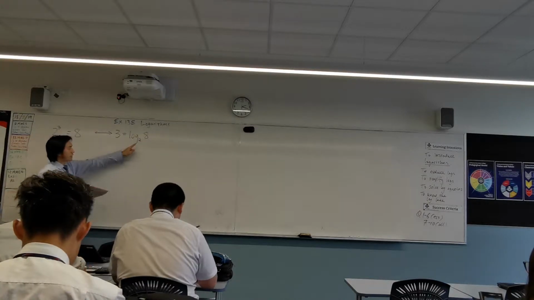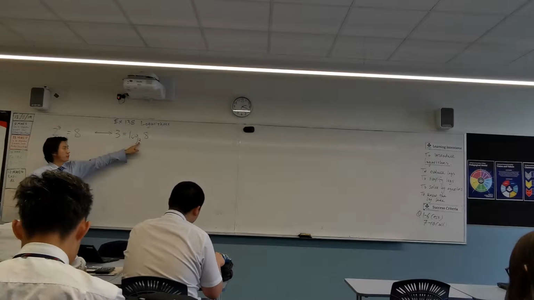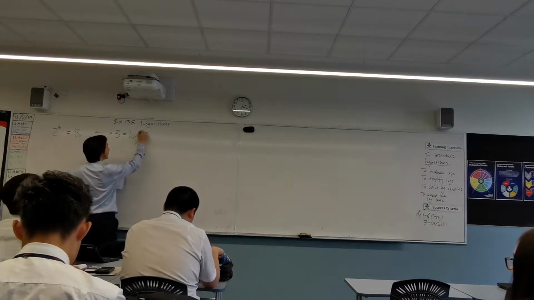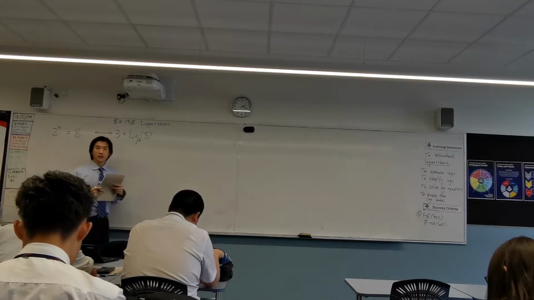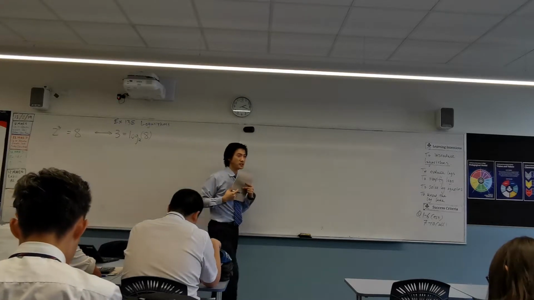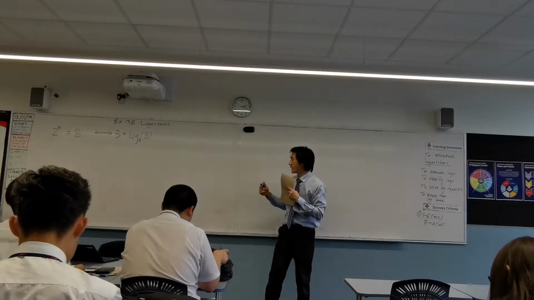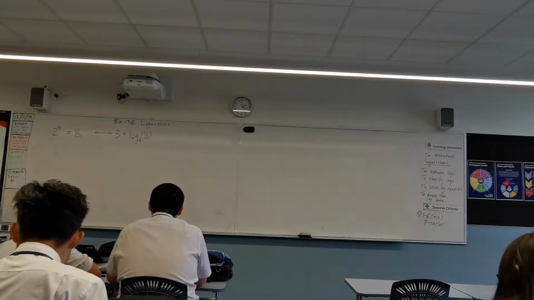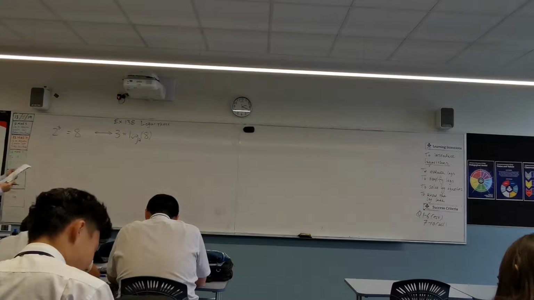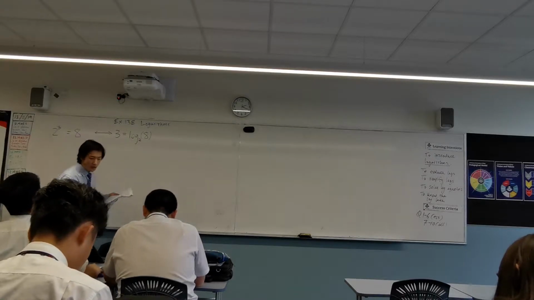That 2 there sits a little bit below the G, kind of like a subscript, and you put the 8 in brackets. In your book, the brackets won't exist, but it's a good habit to get into. That 8 is related to the log. So 2 to the 3 equals 8 is the same as 3 equals this thing.